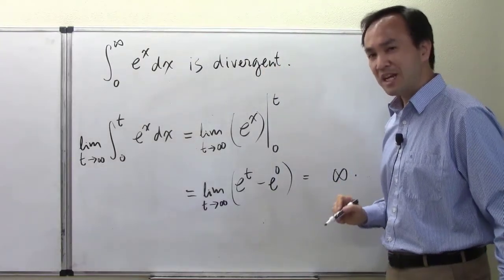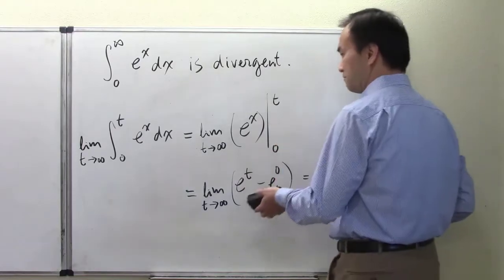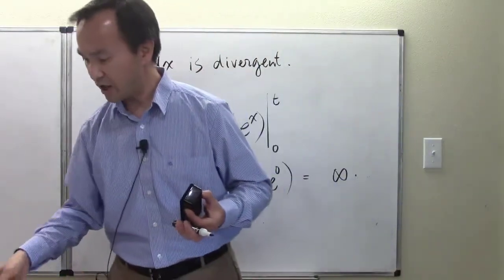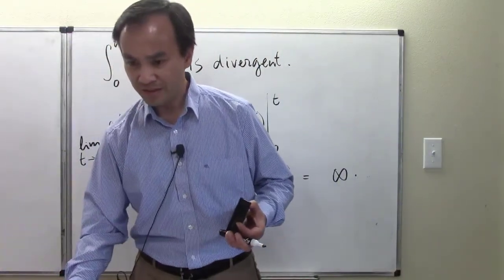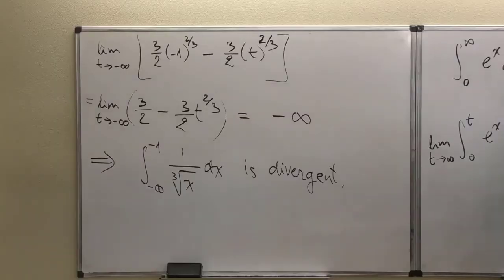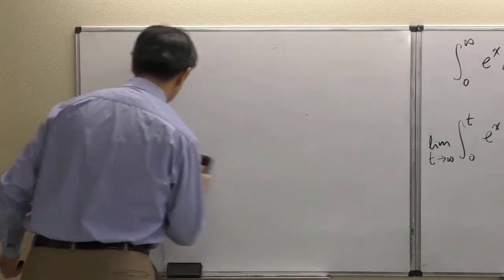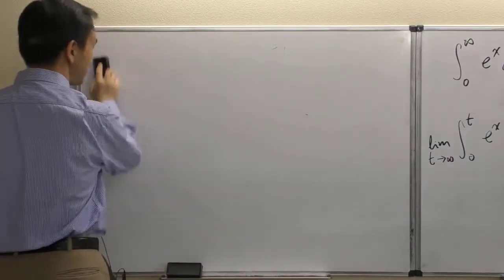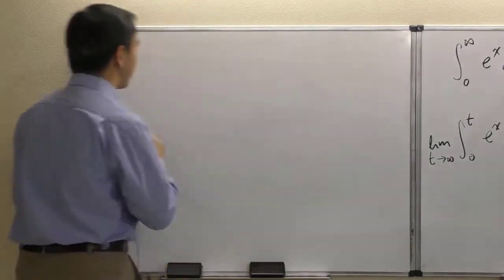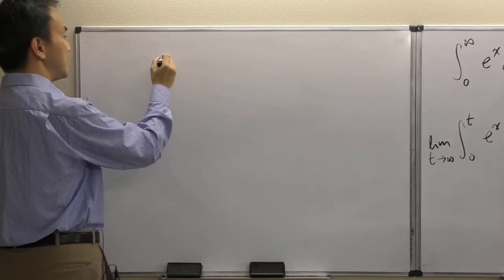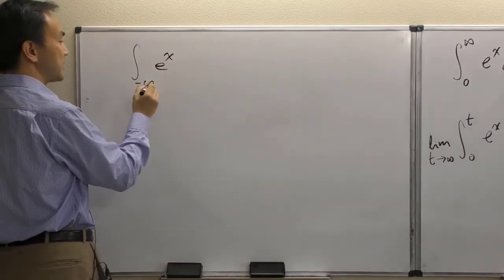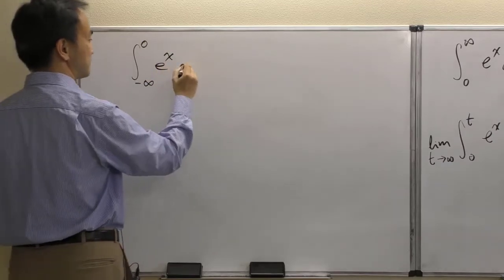So that means actually, in case anybody would like to know, I will also mention on my other board here the same function, but on that interval from minus infinity to 0.